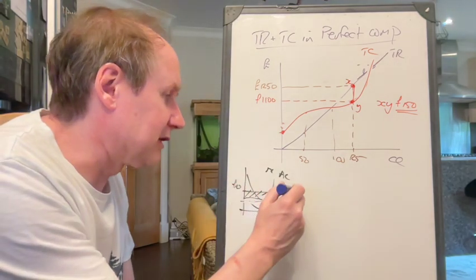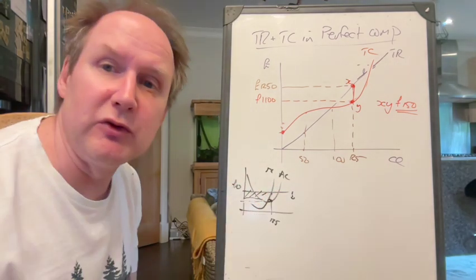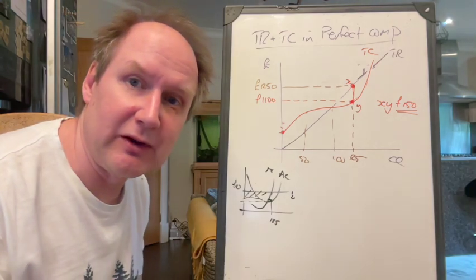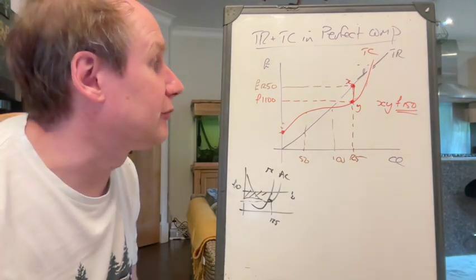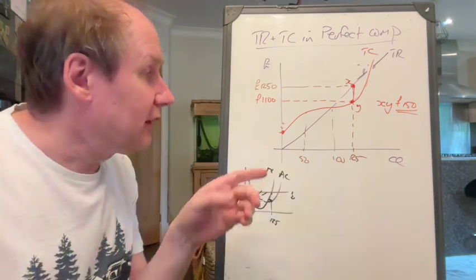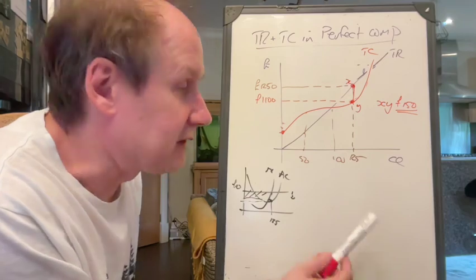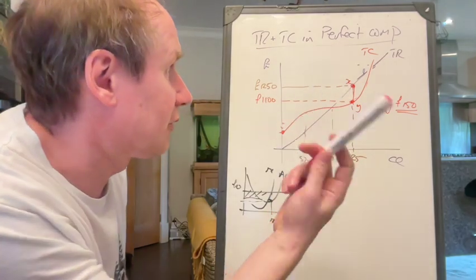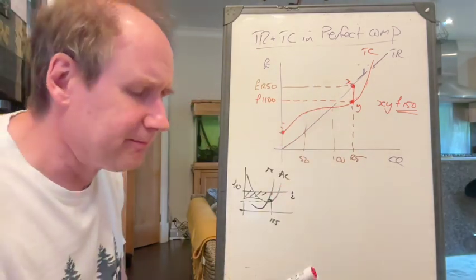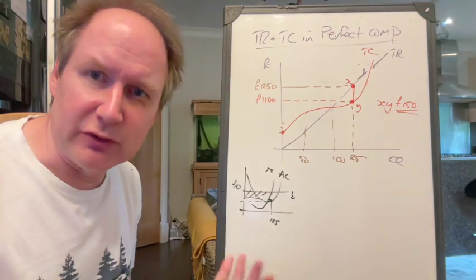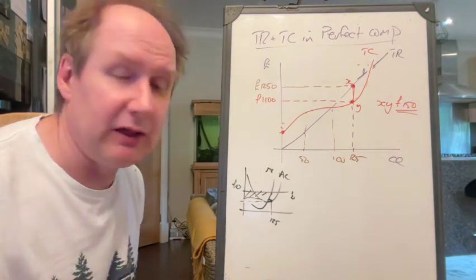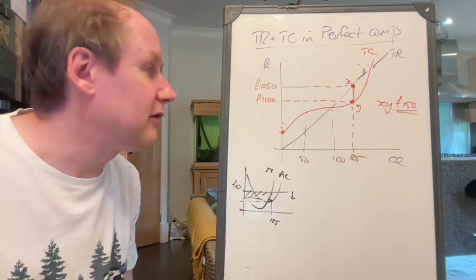And as new firms enter, the individual firm's price is reduced. How do we show a reduction in price on here? Well, here, 50 units gives me £500 because price is 10. 100 units gives me 1,000 or whatever. So if price goes down to, say, £9, my total revenue line now looks like this.